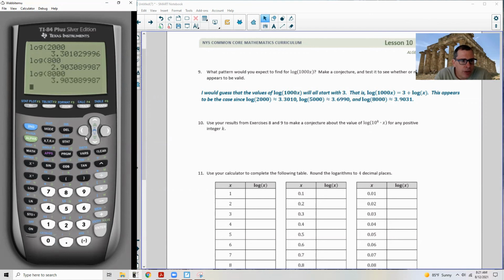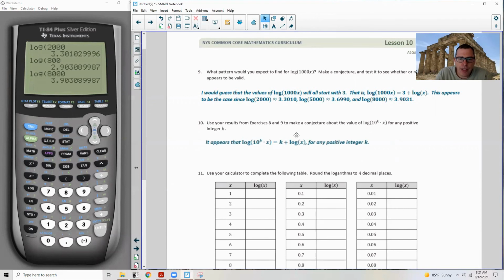Log of 8000 is 3.9031, like they said here. Okay, number 10 says to use the results from exercises 8 and 9 to make a conjecture about the value of log of 10 to the power of k times x for any positive integer k. So what we would say here is that it would appear that the log of 10 to the k times x equals k plus the log of x for any positive integer k.